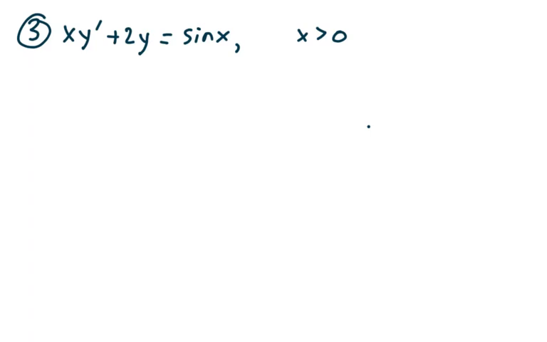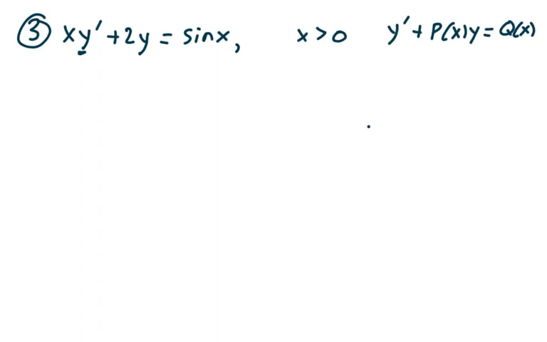Now, I want you to look at the coefficient of y prime. The coefficient of y prime, or what's being multiplied by y prime, is not 1. In other words, notice how this differential equation is not written in the form y prime plus p of x y equals q of x. It must be written in this form for us to look at the integrating factor.